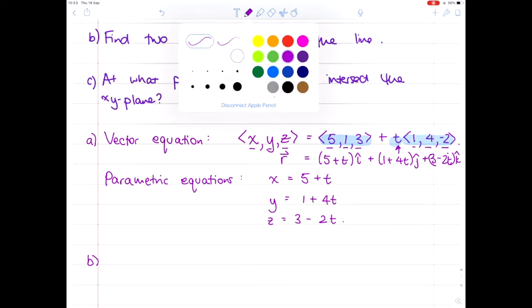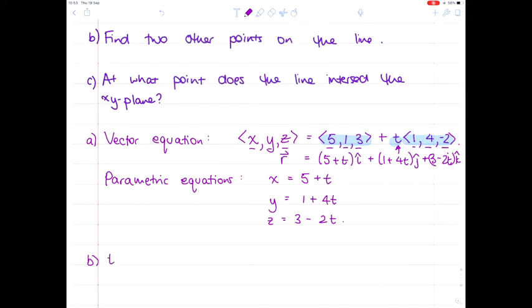So if we take, for example, t is equal to 1, then the point x, y, z is going to be equal to our position vector plus 1 times 1, 4, minus 2. And if we work that out, that's going to give us the point 6, 5, and 1.